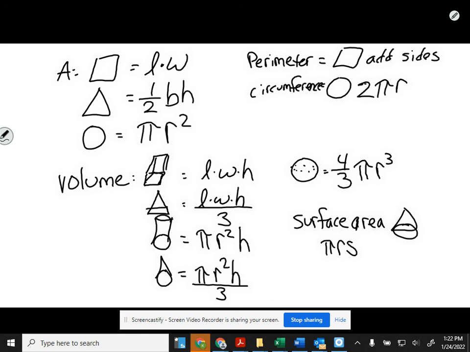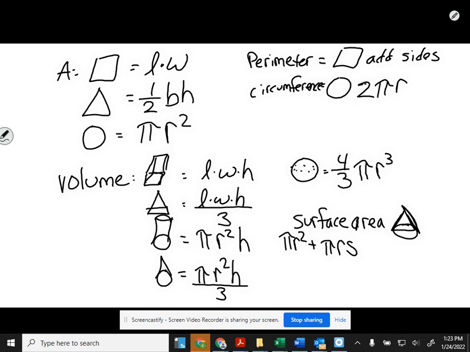We had the circle pi r squared, and we added to it that laid out cone. Remember when we made that net and laid out the cone, that was pi r times the slant. So that s was the slant.